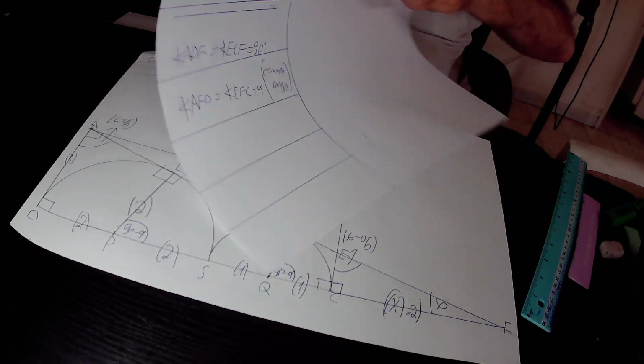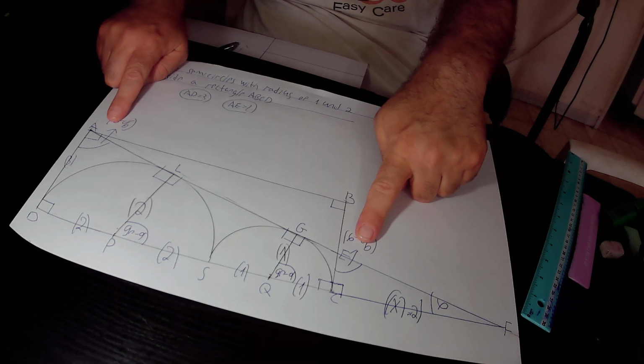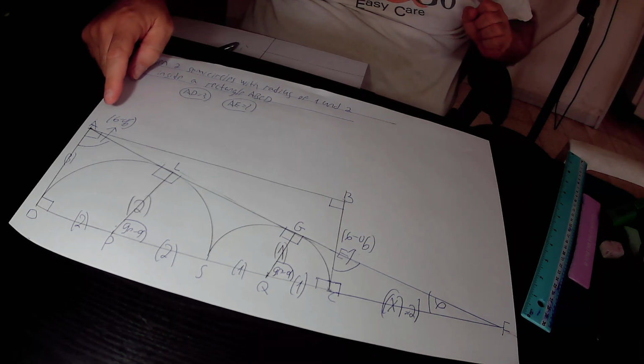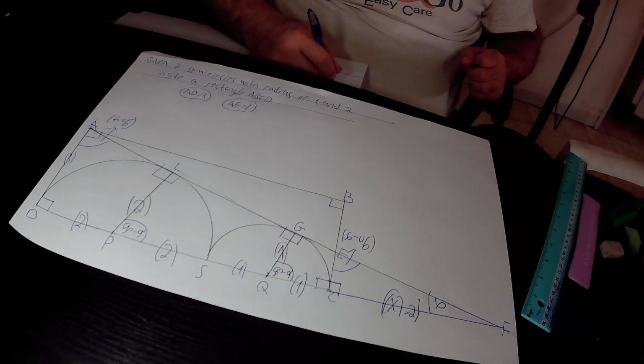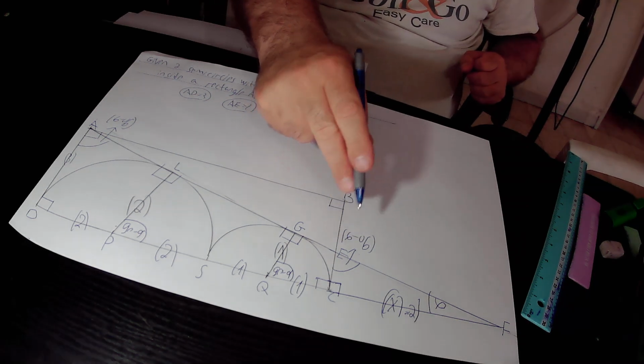And finally, those two angles are both equal to 90 degrees minus alpha, therefore they are equal to each other. So actually this is angle DAF in the big right triangle AFD, and it is equal to this angle.